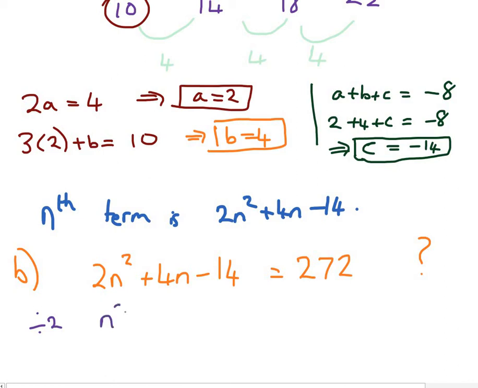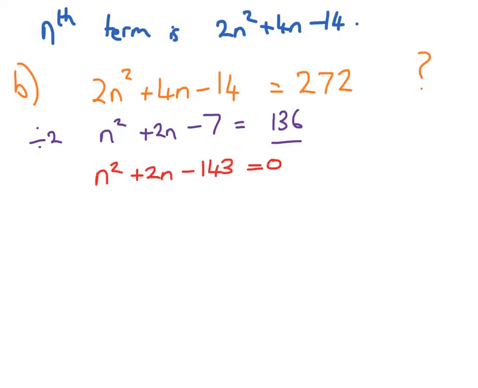So this gives us n squared plus 2n minus 7 equals 136. Okay, now we can bring this over to the other side and we will get n squared plus 2n minus 143 equals 0.